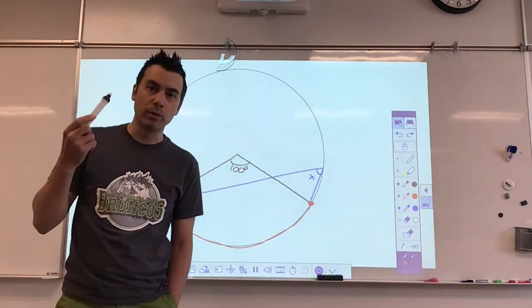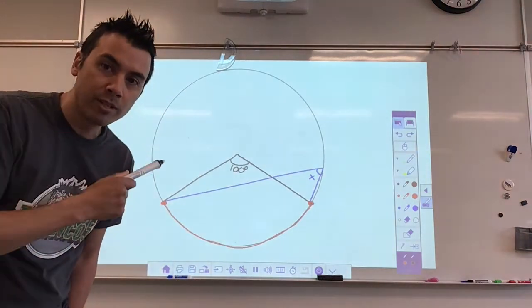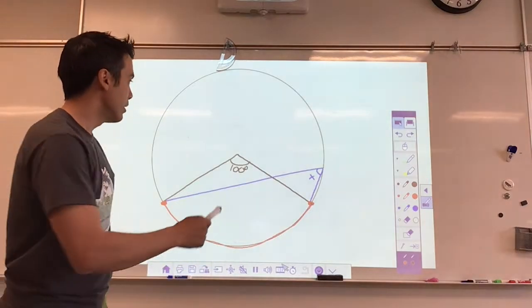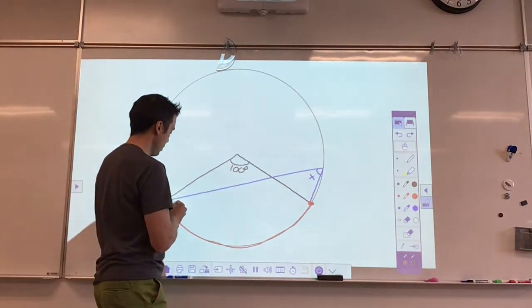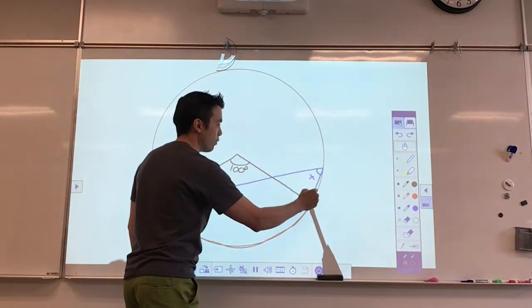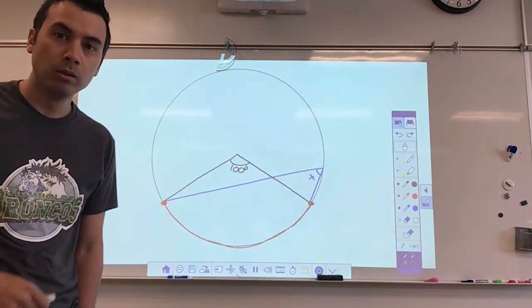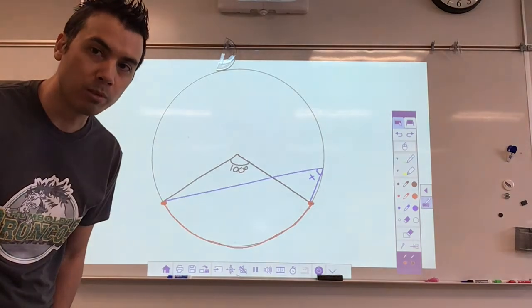So I'm going to go back to what I know. I have this arc being subtended by this angle of 100. This is a central angle. I have this angle being formed by two chords. Even though it looks kind of funny, one of the chords is super big and one is super small, that's fine.